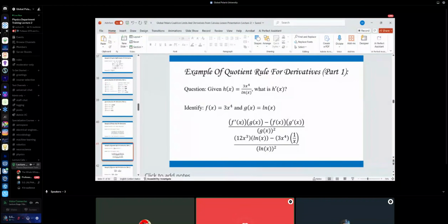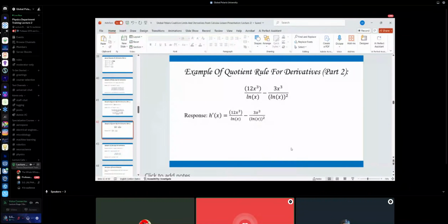So now let's place it in. f prime times g is 12x cubed times ln of x, minus f times g prime, 3x to the fourth times 1 over x, all over g squared, which is ln of x squared.